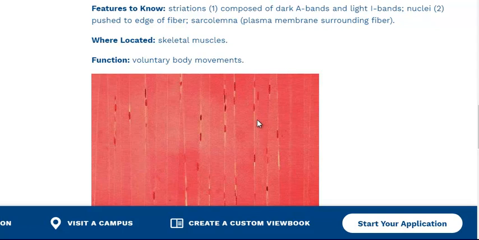So those darker stripes are called A bands. And the light stripes in between the dark are called I bands. And you can see the nuclei are really squished flat. So all of these things let you know that you've got skeletal muscle. And these are voluntary. They will wait until you tell them to do something.